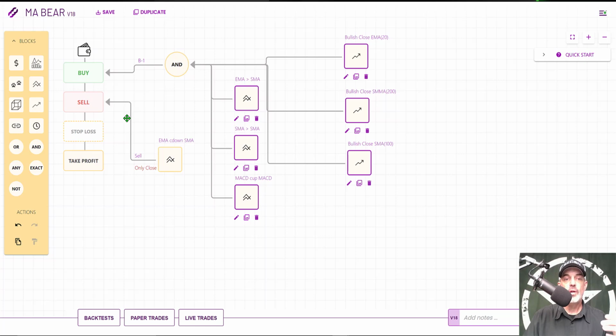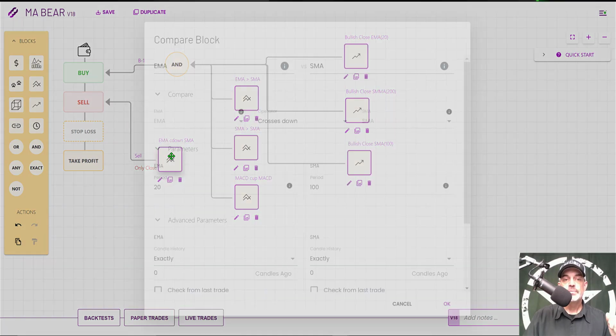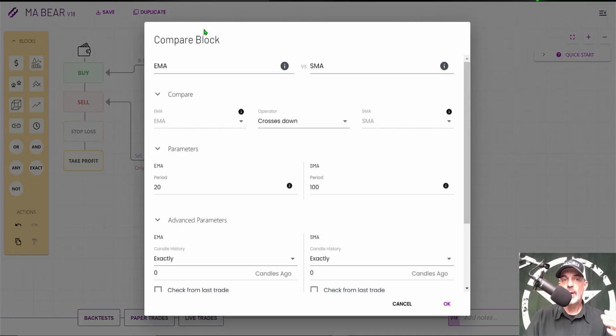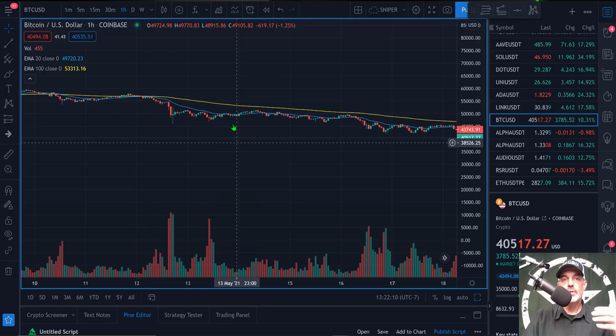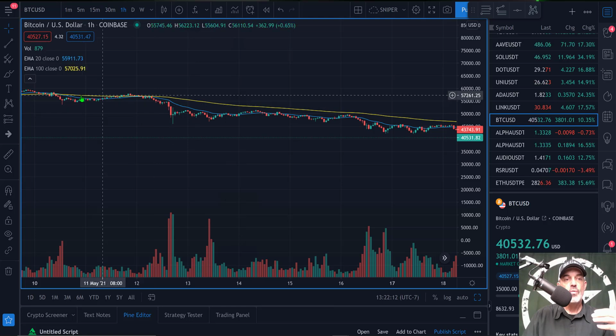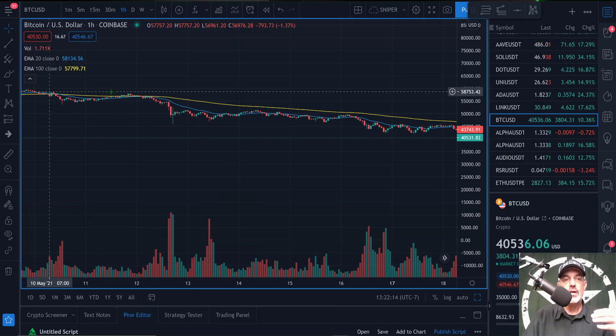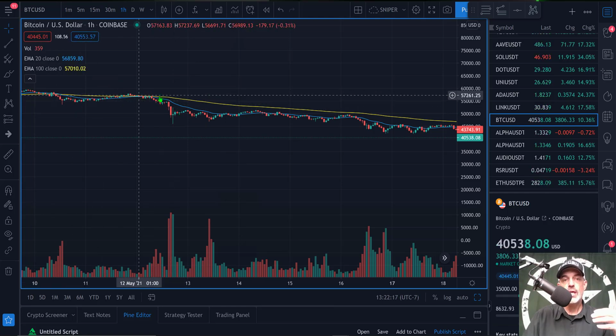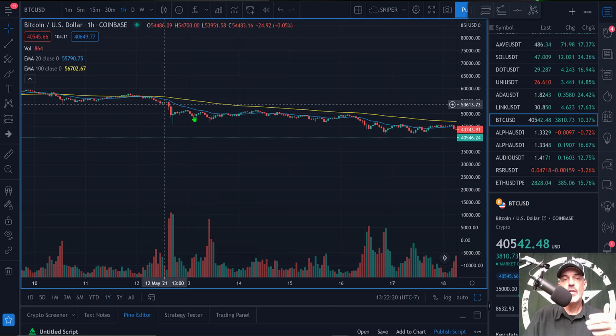Now on the sell block, if I double click on that, again, it's a compare block, and I'm comparing the EMA. I want it to be crossing down through the SMA, and the parameters are set at a 20 EMA and a 100 SMA. If we jump back over here to the Bitcoin chart, you can see where my 20 EMA crosses down through the yellow 100 EMA, the price action starts to sell off.